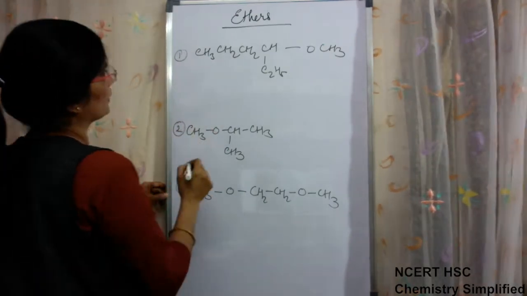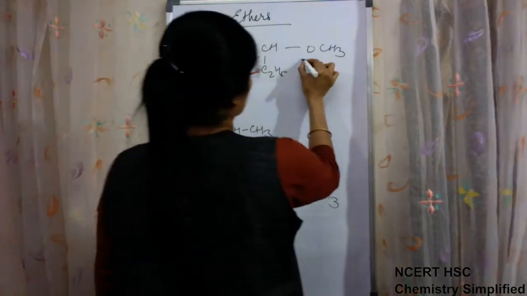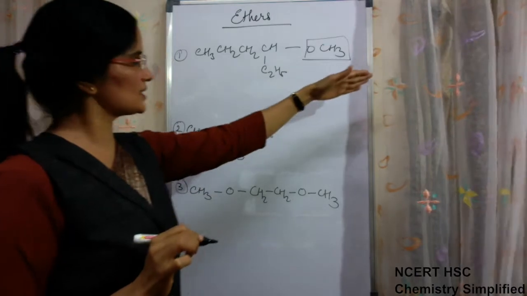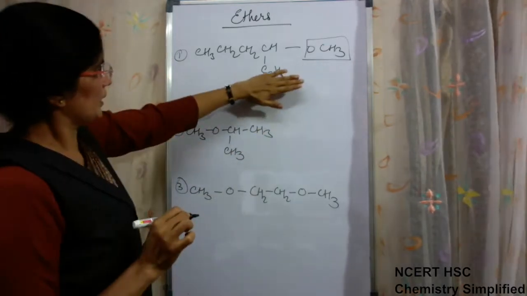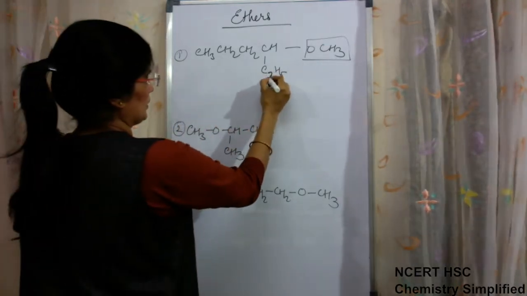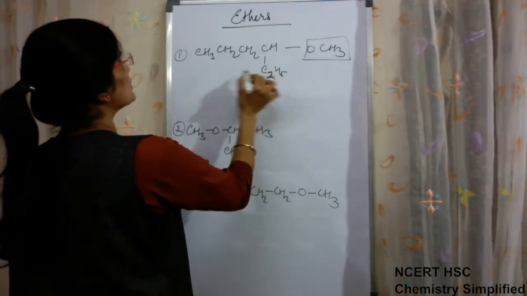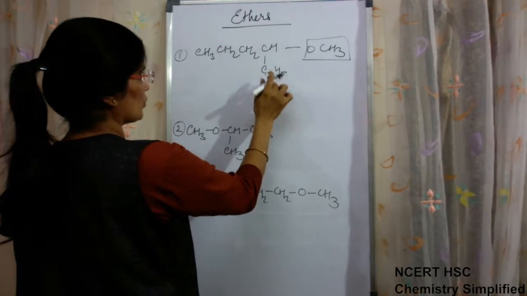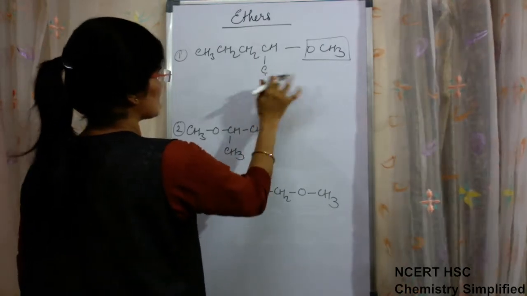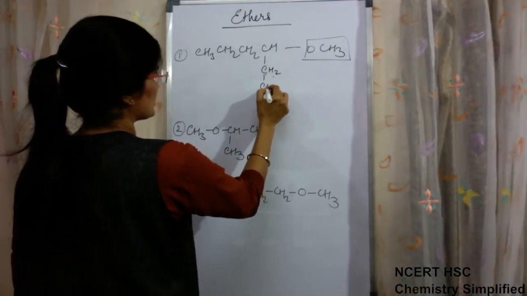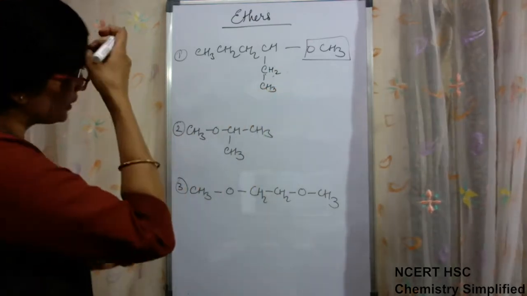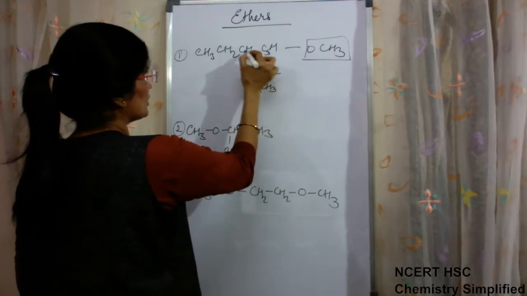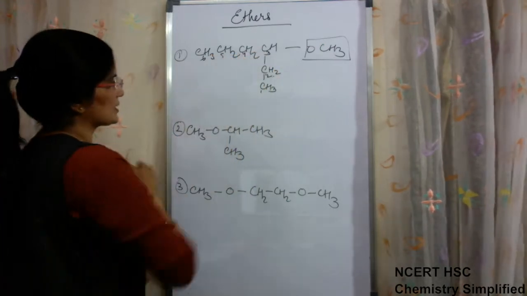Okay. Now, see. This is OCH3, that means an ether group is attached. Now this chain actually starts from here, 2 carbon atoms from here, so we expand this as CH2CH3. Now in this chain we count 1, 2, 3, 4, 5, 6.